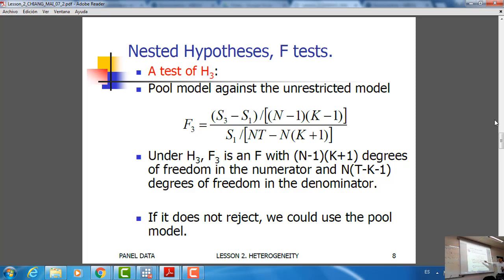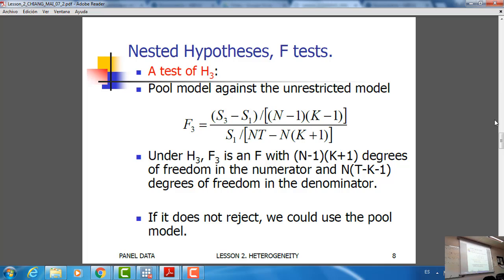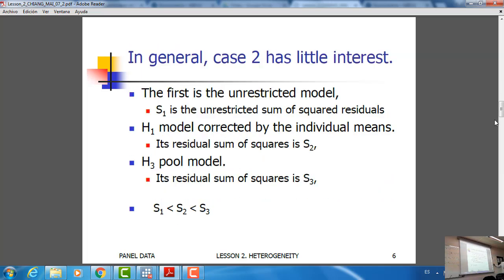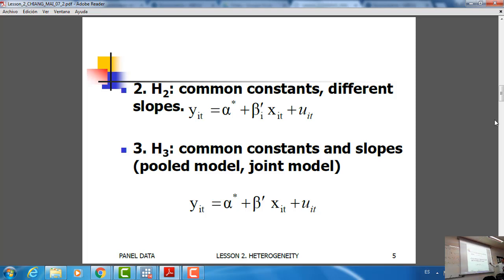So let's look at S1. S1 is the unrestricted model, so let's go up. It is this unrestricted model, the model S1. And then the other model, S3, is this one, the pooled model. So now we were comparing two models.